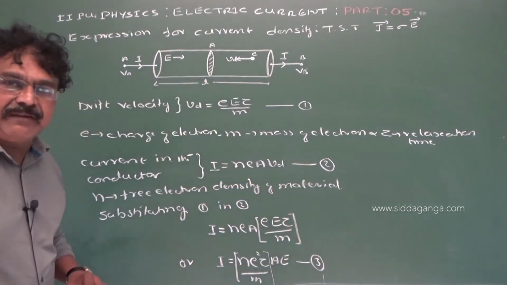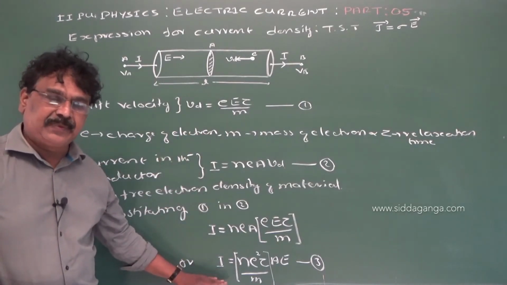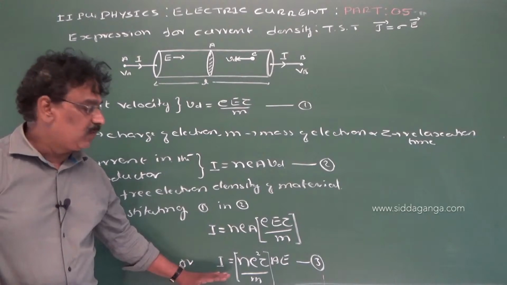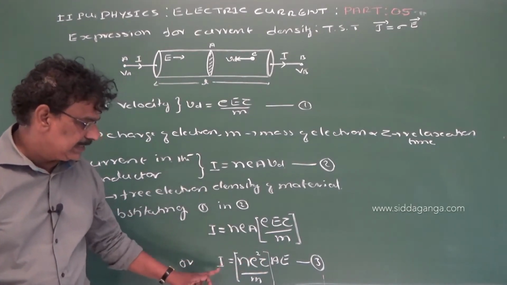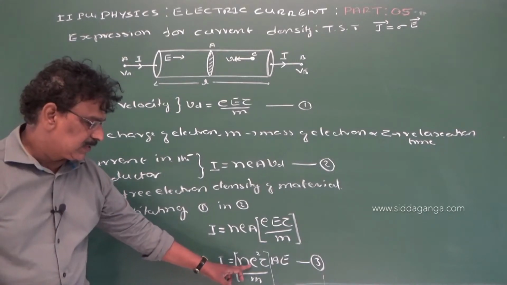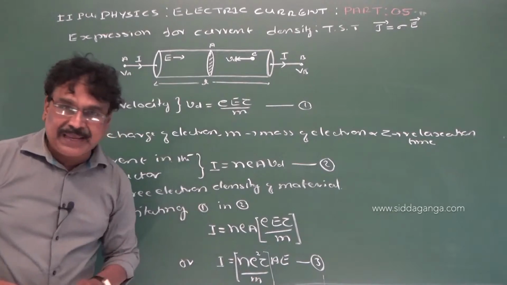In the next derivation, the steps are almost the same as while deriving Ohm's law. So, we got equation 3, I is equal to n e square tau A E by m.